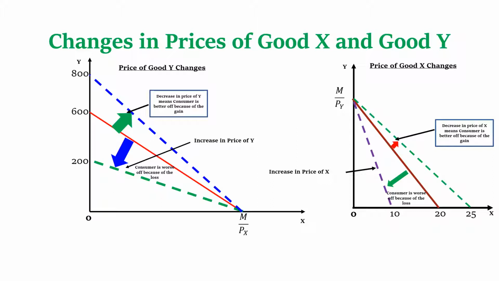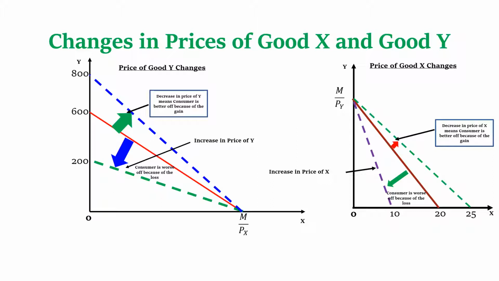Now let's look at the changes in the price of good X. What happens to the budget line? Again, you see that when the price falls, the budget line is going to rotate outwards, which is the green dotted line. And then when the price increases, the budget line is going to rotate inwards, which is the purple dotted line.